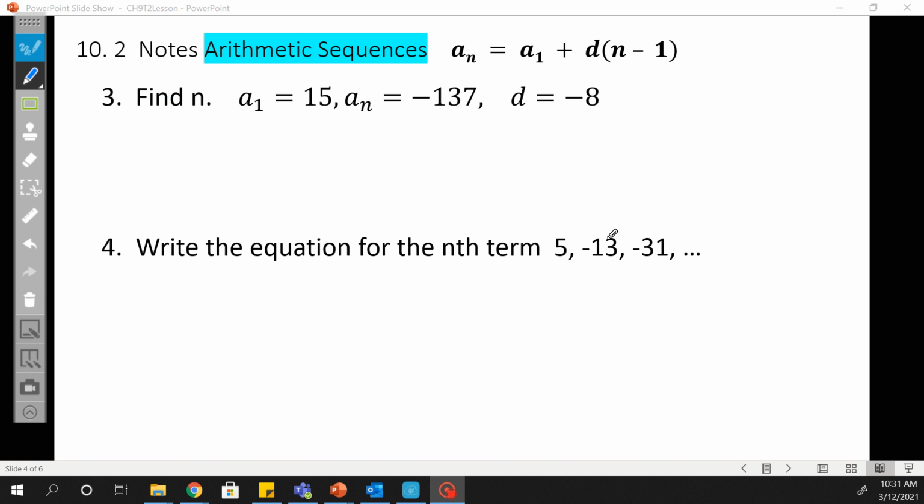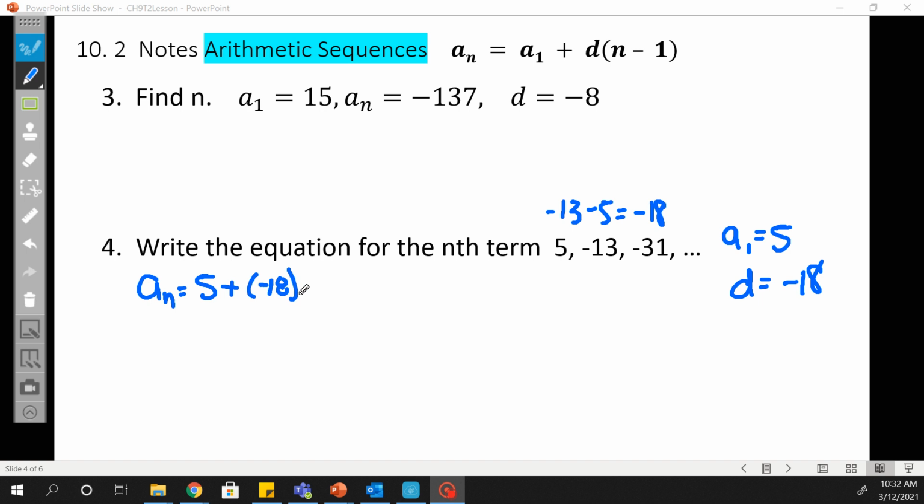Write the equation for the nth term: 5, negative 13, negative 31. All right, so for the nth term, we know the first term is 5, and we know the difference is negative 18. You can check that by doing this term minus this term, which is negative 18. All right, so the nth term is equal to the first term plus the difference times (n minus 1).